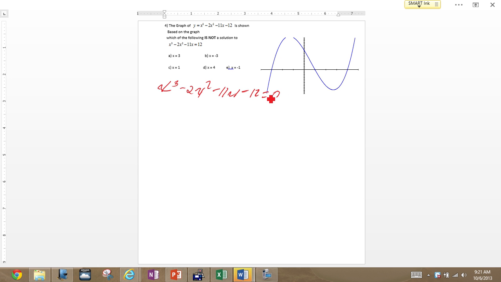to 0. And if you just saw that equation by itself, you'd be wanting to factor it and set each of the factors equal to 0.